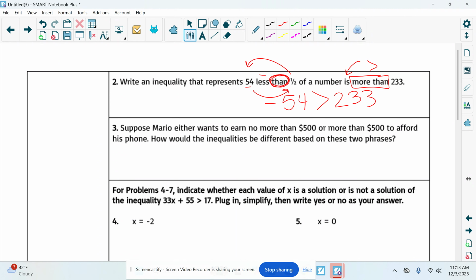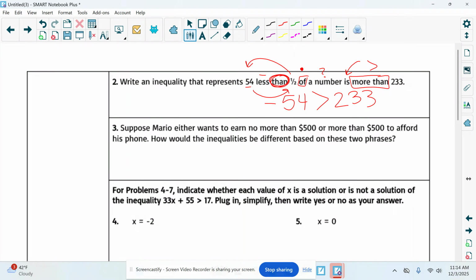Half of a number. What does this tiny little word of represent? Multiplication. So it's saying 1/2 times a number. What does a number mean? A number is the question.